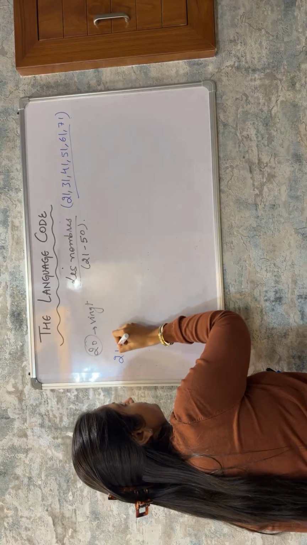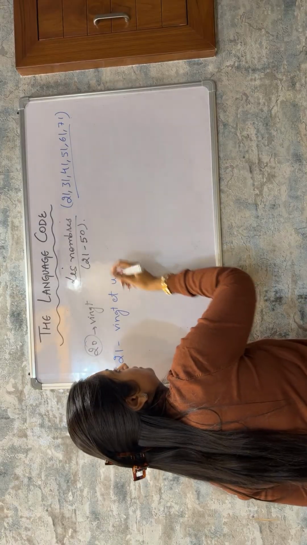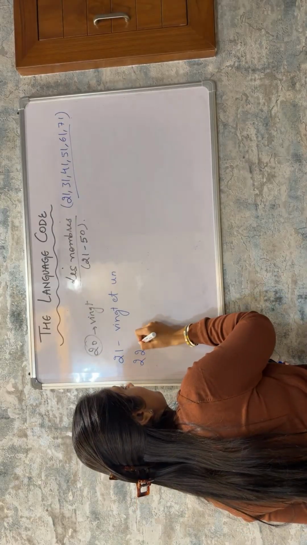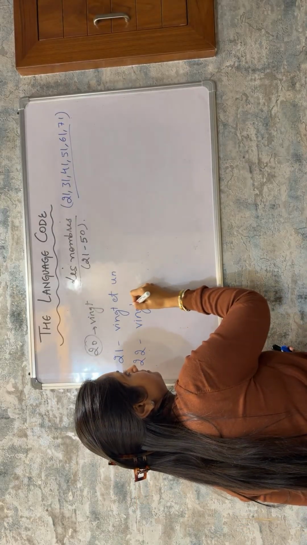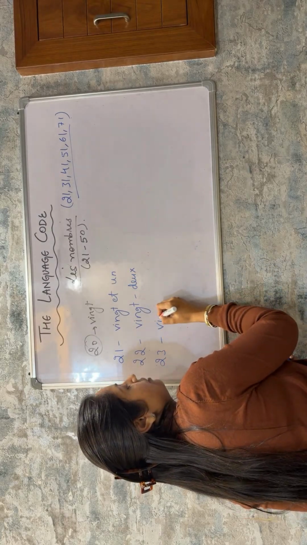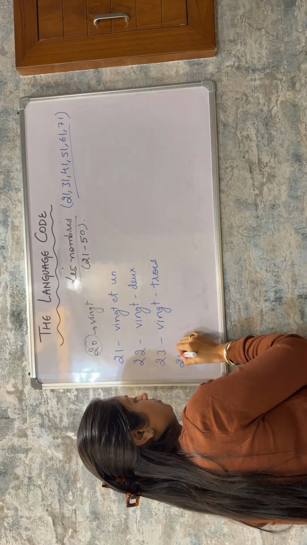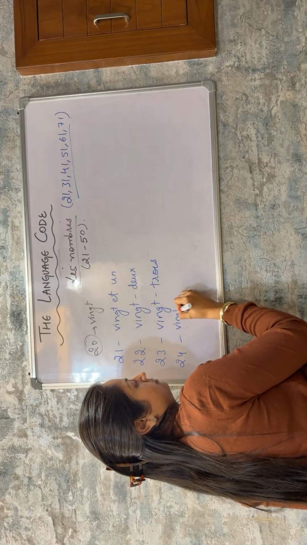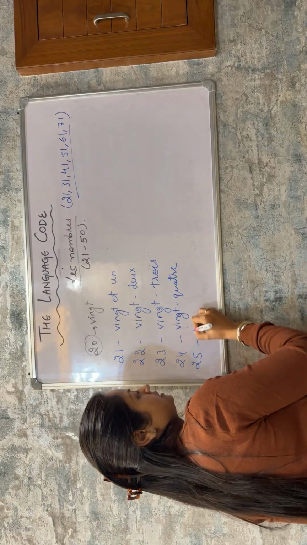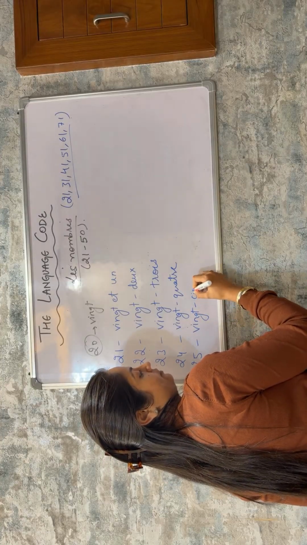So 21 becomes vingt et un, 20 and 1. 22 becomes vingt-deux, 23 vingt-trois, 24 vingt-quatre, and 25 becomes vingt-cinq, that is 20 plus 5.